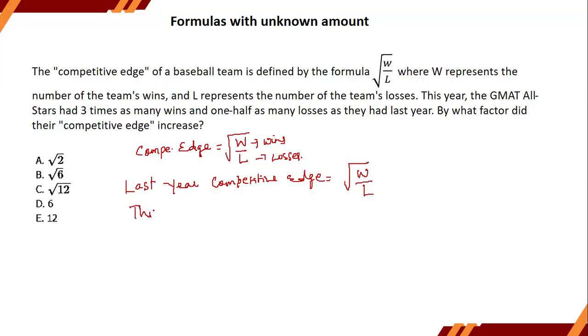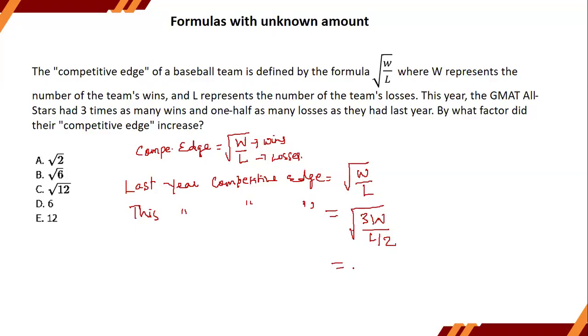And this year, what is given to us for this year's competitive edge? That the number of wins is 3 times that of last year. So we will now modify the original expression, right? So 3W, and the number of losses is 1/2 that of last year, right? So that means it is L by 2, right?